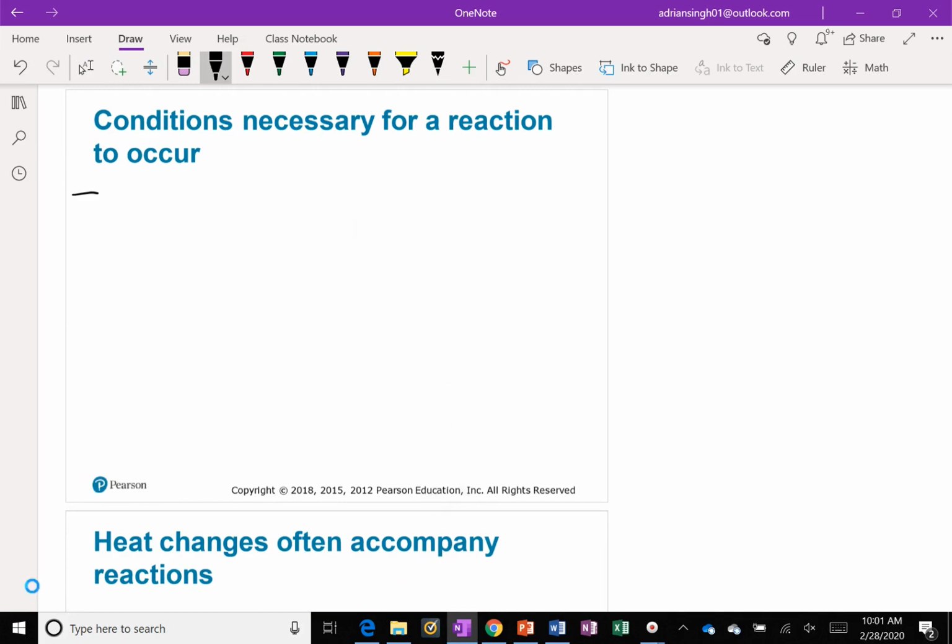So if I want two things to react together, logic would dictate that the reactants, the things that I want to react together, must come into contact with each other. They must collide.